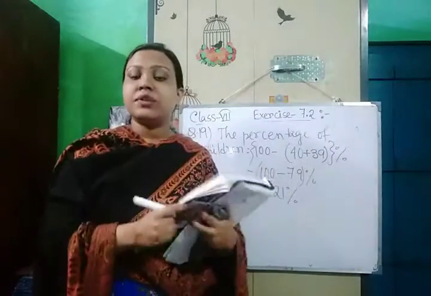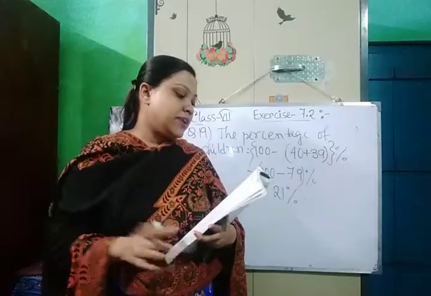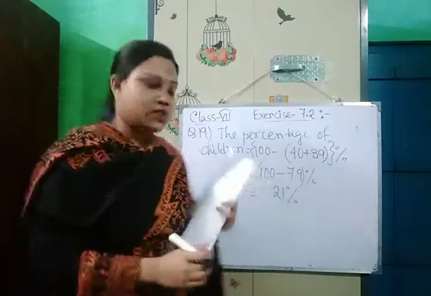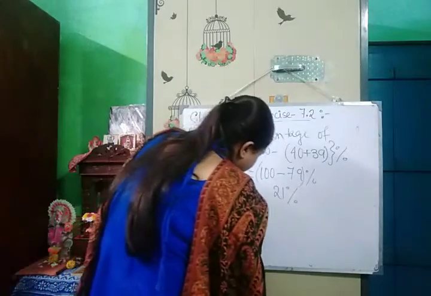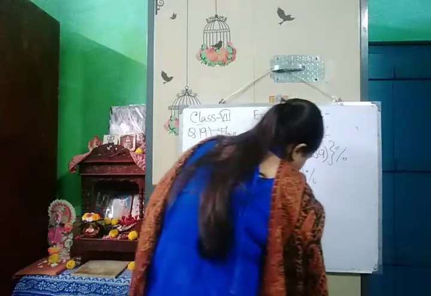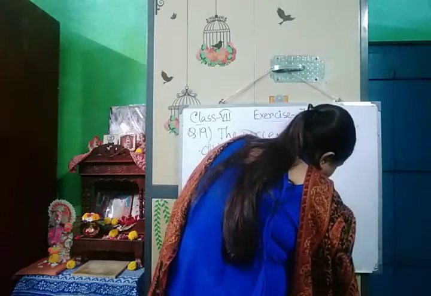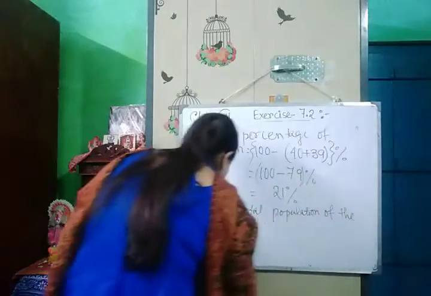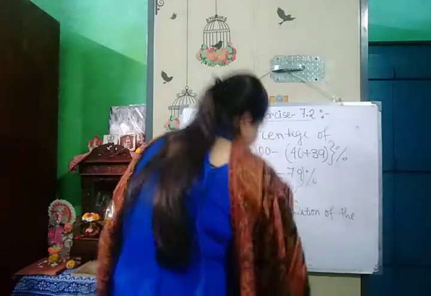Now we will assume the total number of people in the town, the total population of the town. So let the total population of the town be x. Okay.